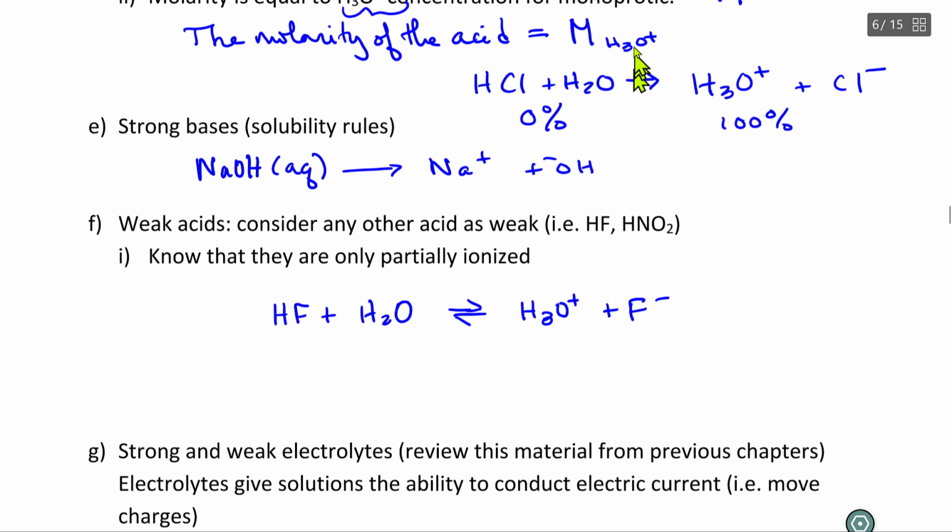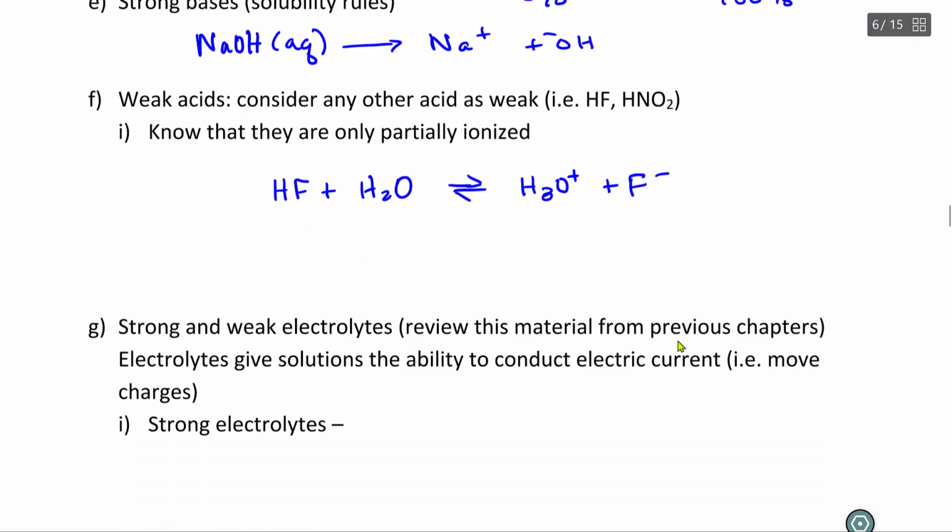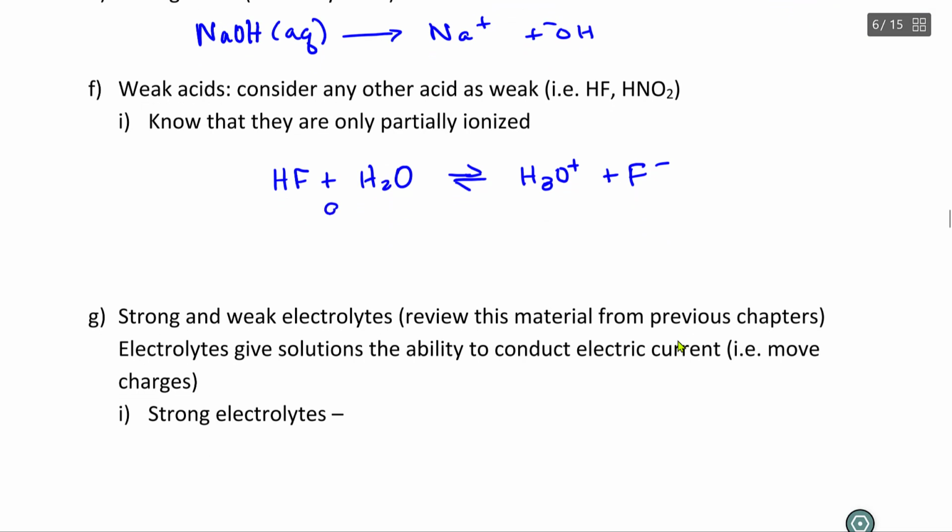They're written and balanced the same way, okay? But usually 99% of it is still on the reactant side, and only 1% of it is on the product side. Anywhere from 1 to 5% is on the product side. So what we know about weak acids is that if you have a 1 molar bottle of HF, your hydronium ion concentration is much less than 1 molar.